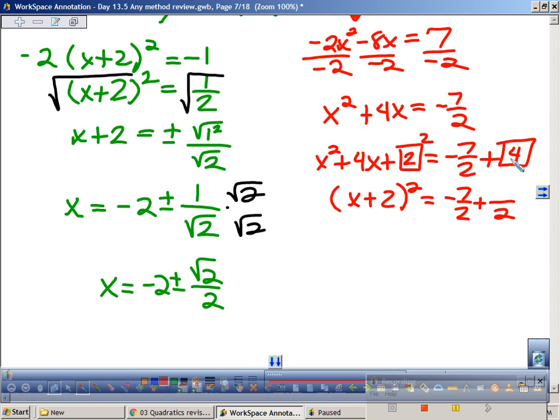What does my 4 need to be in order to have a denominator of 2? 8. You just multiply it, right? Because 8 divided by 2 is 4. So negative 7 over 2 plus 8 over 2 is 1/2. Isn't that exactly what I had over here? Do you see how much faster I got there?